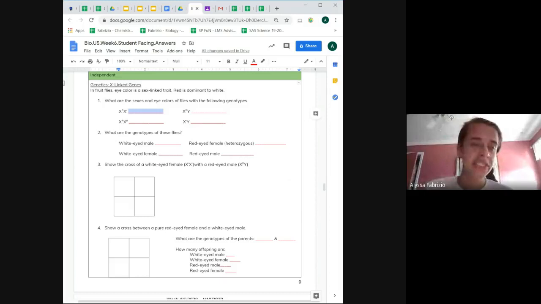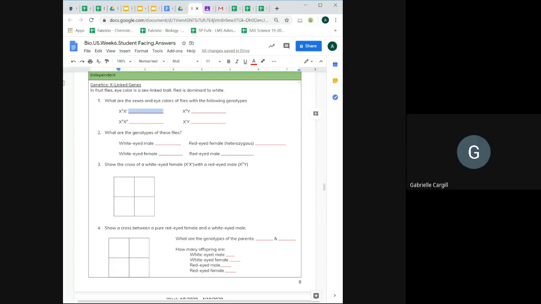So let's go through this together. If these are the chromosomes of our flies, what eye color and sex are they going to have? If we have two X's, is that male or female? Two X's.